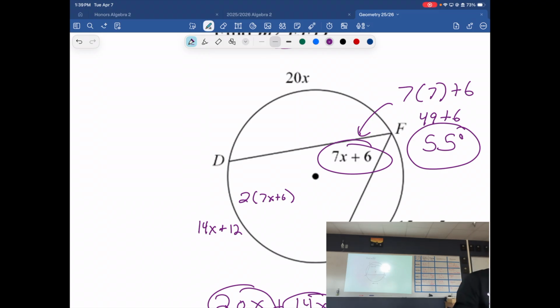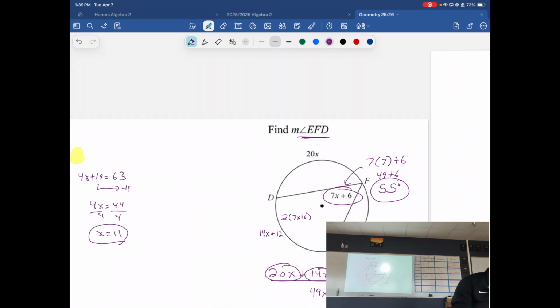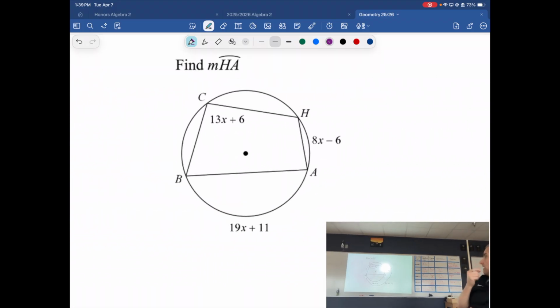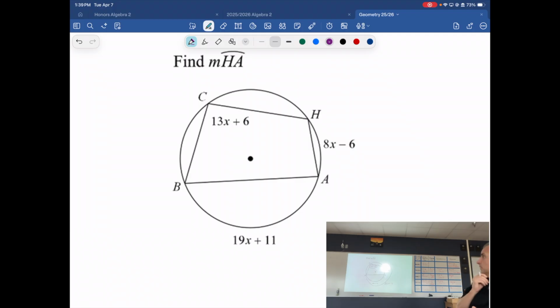So I know this. Times it by 2, it's going to give me this whole thing, right? 13 times 2 is 26. 6 times 2 is 12. So I know the whole thing needs to be 26x plus 12. But what also do I know it is? It's all of this stuff too, right? So what do I have to do with these two?